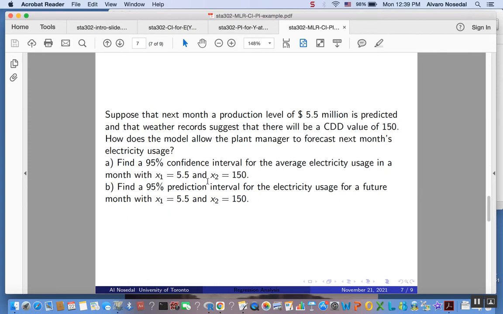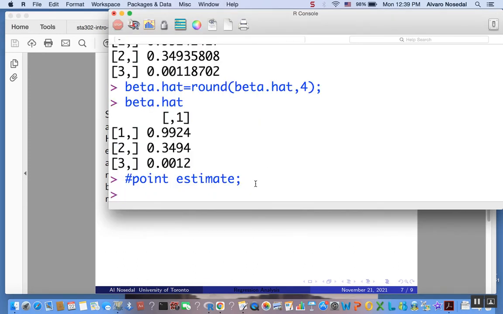So 5.5 for x1, 150 for x2. So let's create that x0. x0 is going to be a matrix, and we want to make sure that R knows that. 1, because we need to take into account beta 0. Then 5.5 for x1 and 150 for x2.